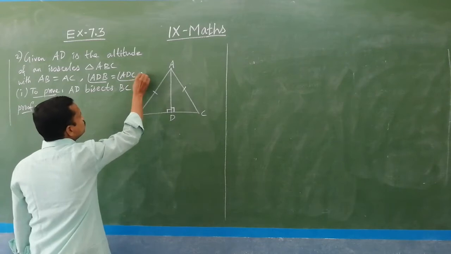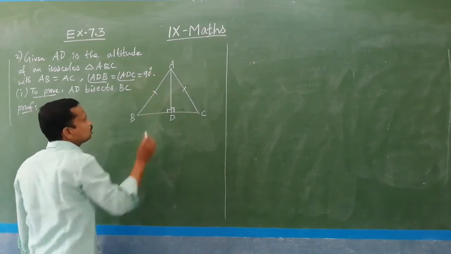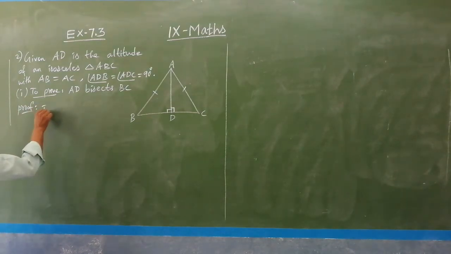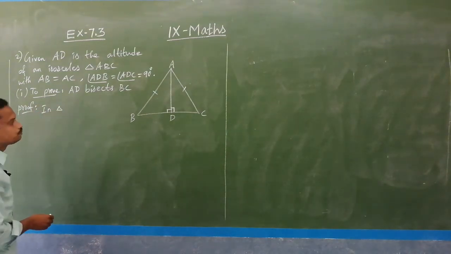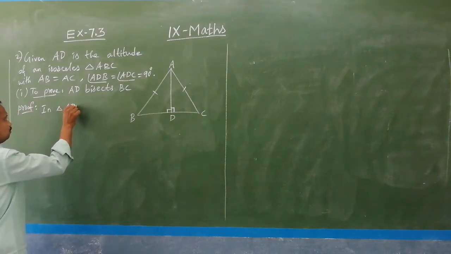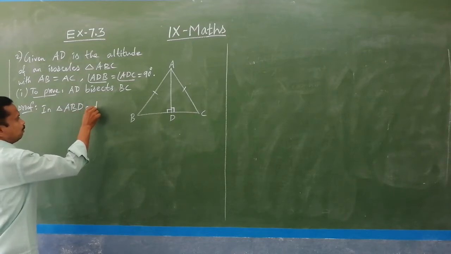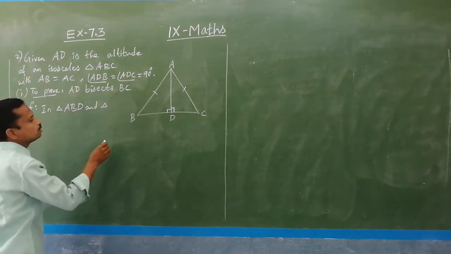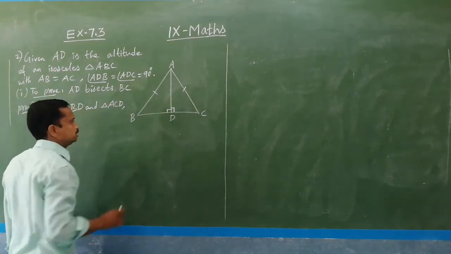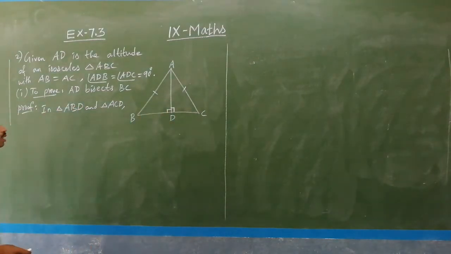Okay, that is equal to 90 degrees, because they have given that AD is the altitude of BC. Now in triangle ABD and triangle ACD, these two triangles I am taking and I want to prove they are congruent.